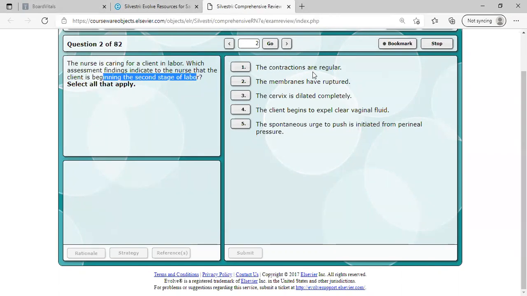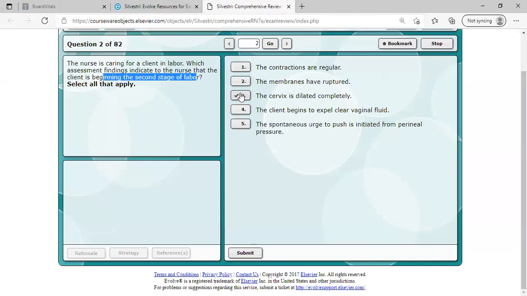So, contractions are regular. Does this indicate the beginning of the second stage of labor? Or membranes have ruptured. So the second stage of labor basically begins when the cervix is fully or completely dilated. This is the good choice.